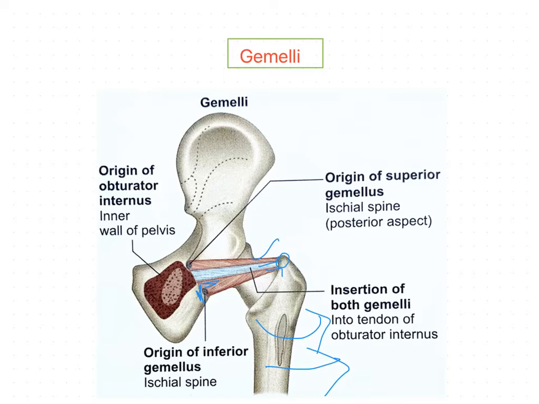Now if you see the origin of the obturator internus, this muscle originates from the pelvic surface of the hip bone, including the body, superior ramus and inferior ramus of the pubis, ramus of the body of the ischium, part of the ilium, and also the obturator membrane.